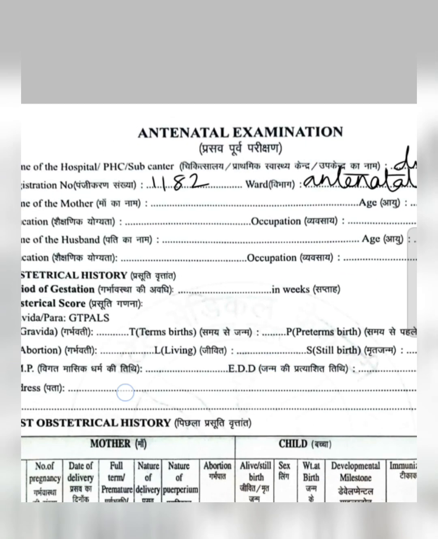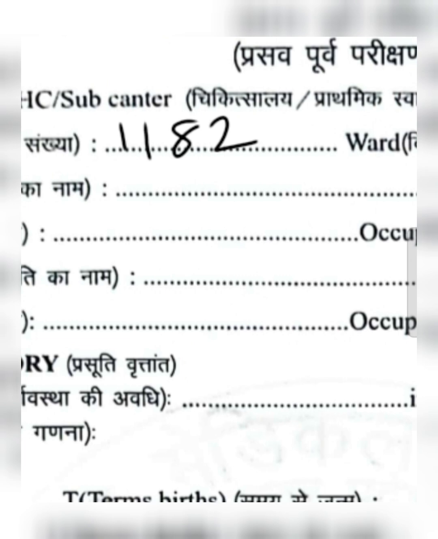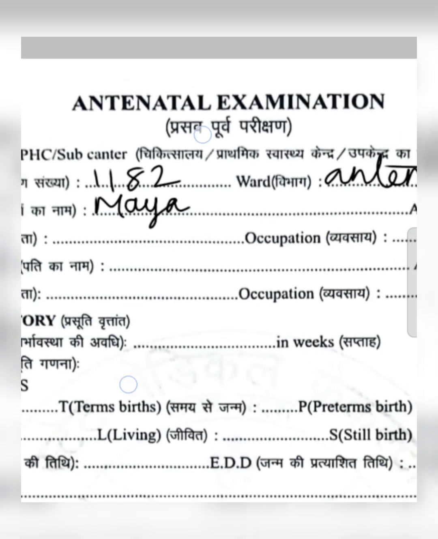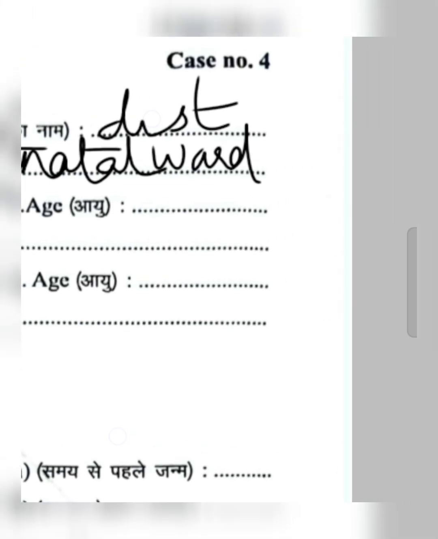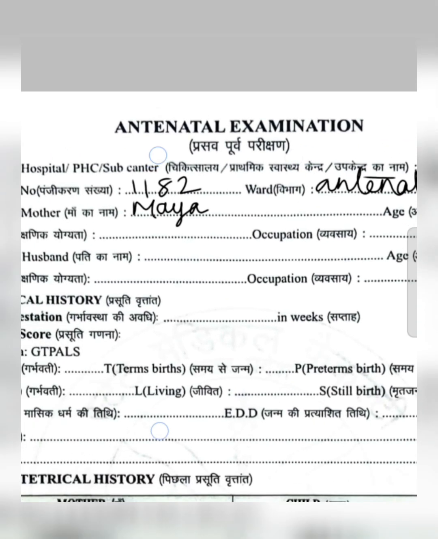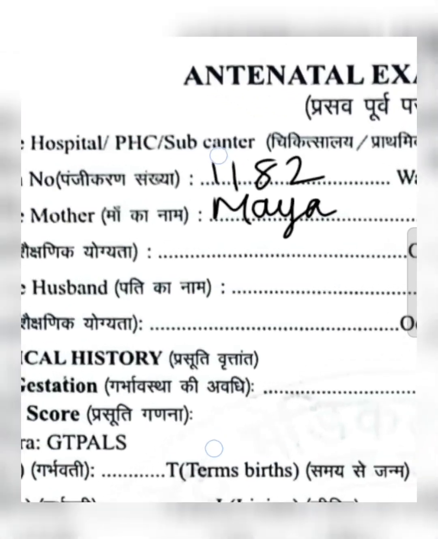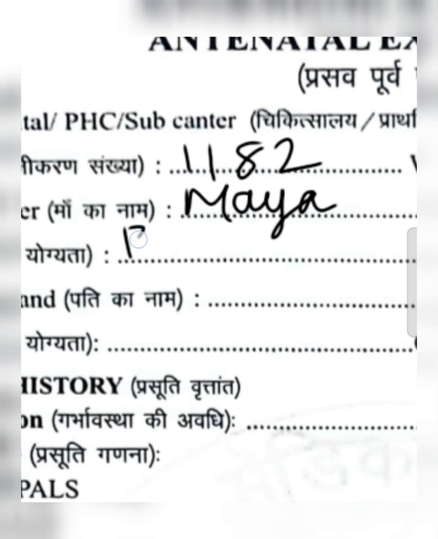Next, look at here, name of the mother. I am going to give the name of the mother as Maya, and her age is 26. Let us write it here, 26 age. And her education is, I am going to give BSc nursing. We all are BSc nurses, so I am going to give the BSc nursing.